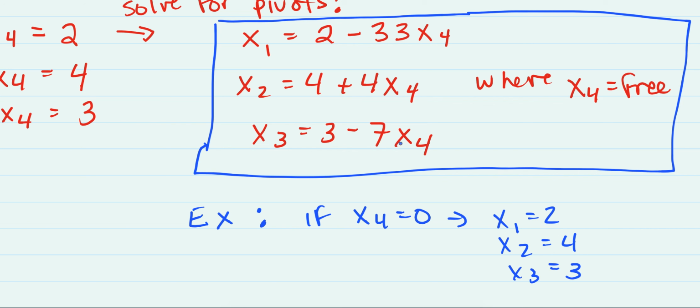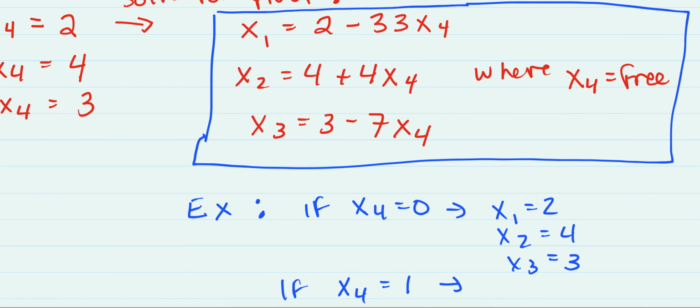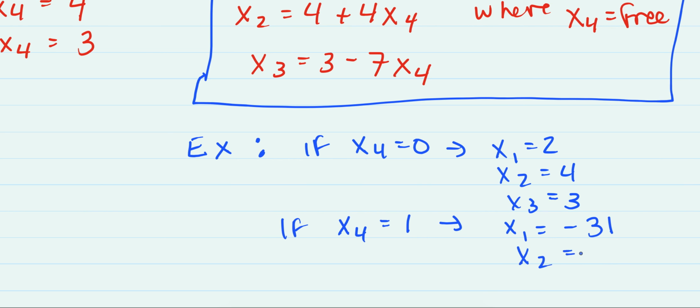That's just plugging in 0 for x4. You can choose something else for x4. Say if x4 is 1, you could plug in 1 here. You would get x1 is negative 31, x2 is 8, and x3 is negative 4. So choosing anything you want for x4, you can't choose anything for x1, x2, and x3, but you can choose anything for x4, and then using that number you can find x1, x2, and x3.